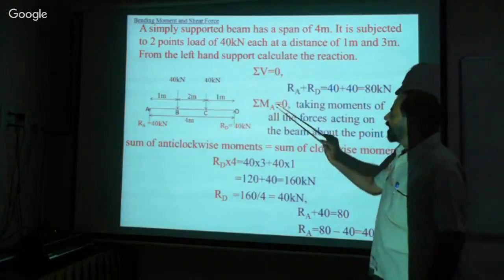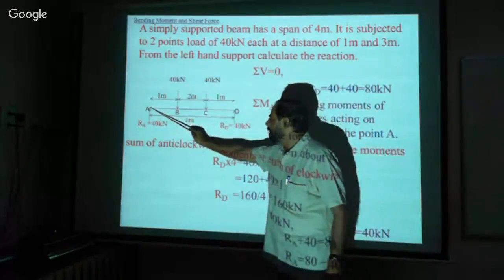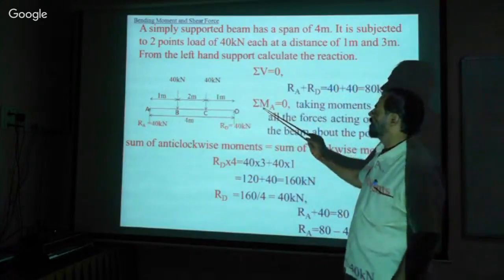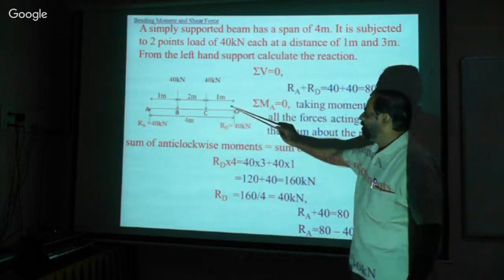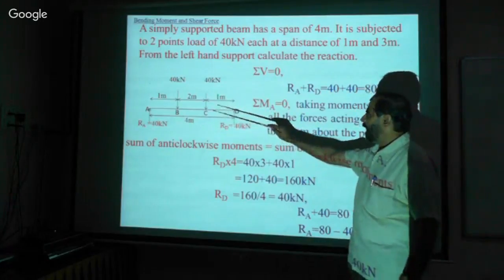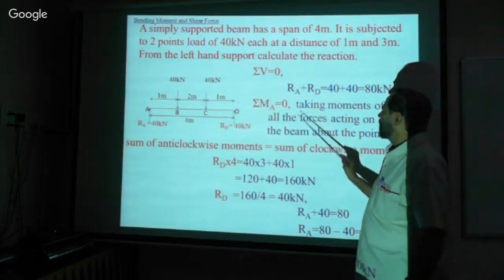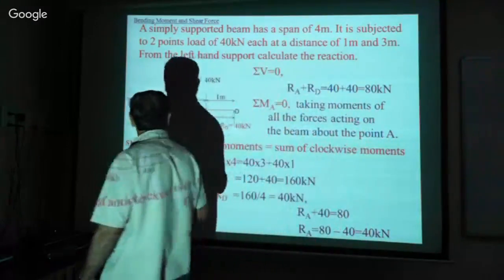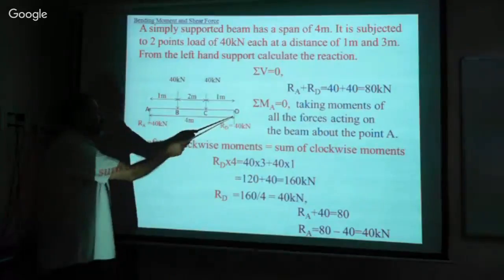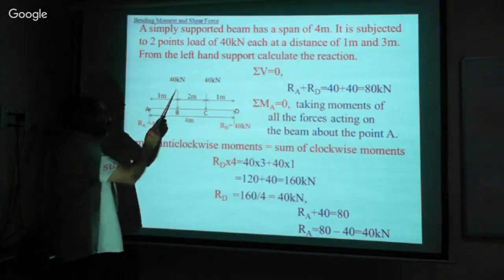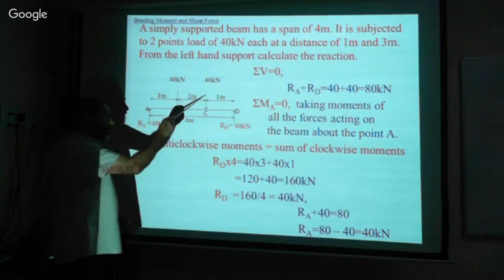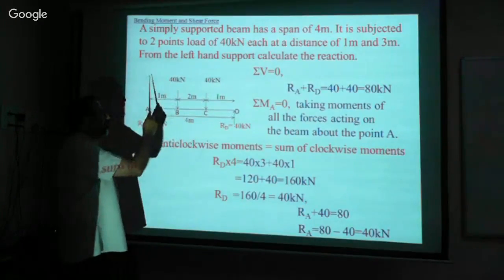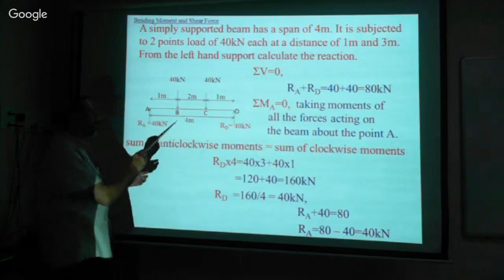Therefore, taking moment about A, that is sigma MA, the algebraic sum of all the forces in this beam about A is equal to 0. Now see, this reaction creates anti-clockwise moment, and this creates clockwise moment, and this creates clockwise moment. Therefore, sum of the anti-clockwise moments is equal to sum of the clockwise moments.